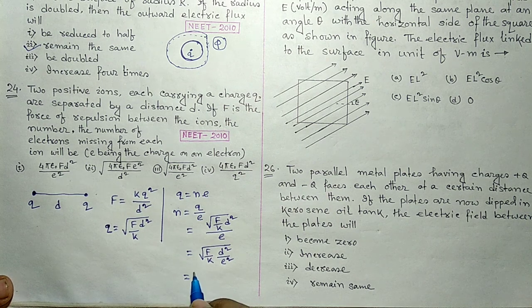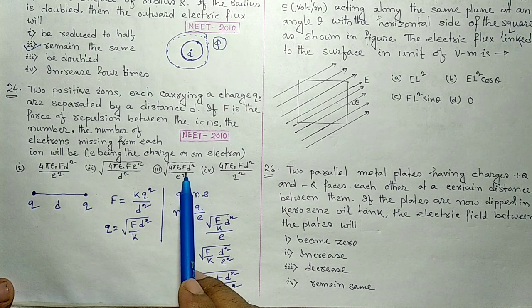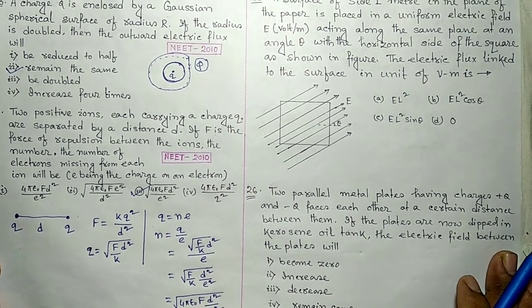Now putting the value of k, which is 1 by 4 pi epsilon naught, 1 by k will be 4 pi epsilon naught. So the final answer will be root over 4 pi epsilon naught F d square by e square. Option number 3. Okay.